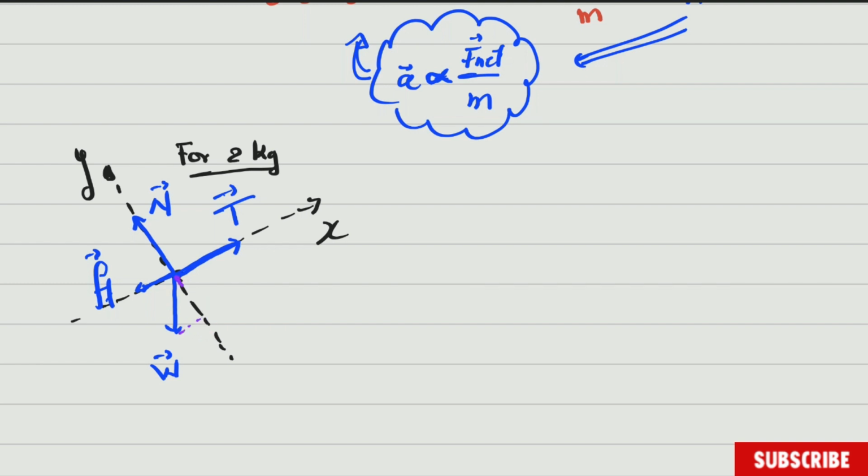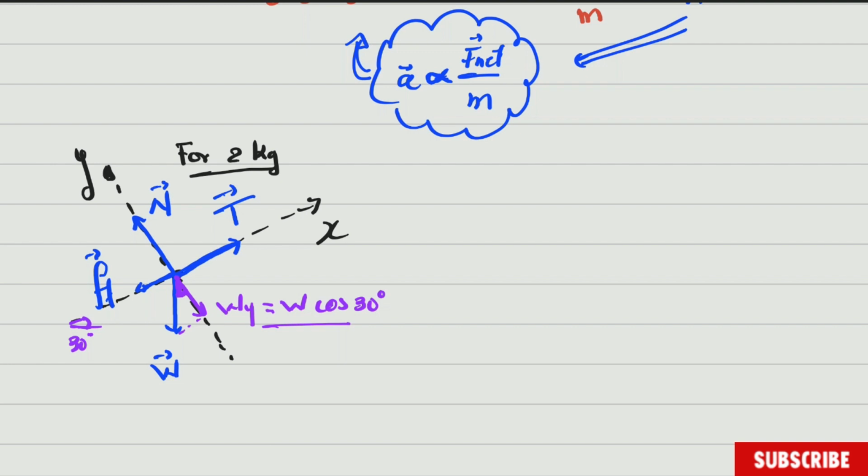Remember, weight must be projected to the y-axis, which is this one. This one is weight in the y-axis, guys. This has been done in another question. Remember, this angle is the same as the angle of inclination. The angle of inclination is 30 degrees. So remember that one. Now, weight in the y-axis is equal to weight multiplied by the cosine of 30 degrees, in case we need it.